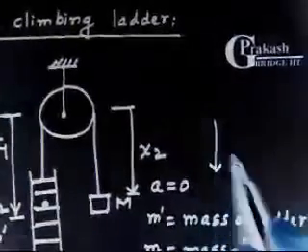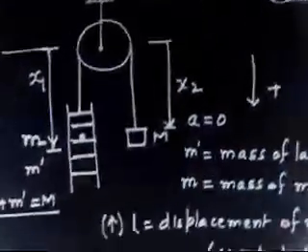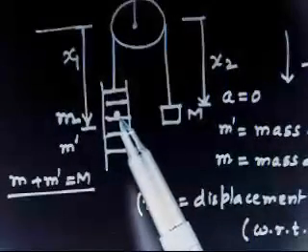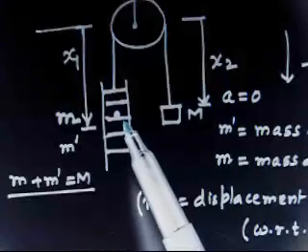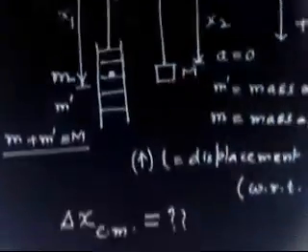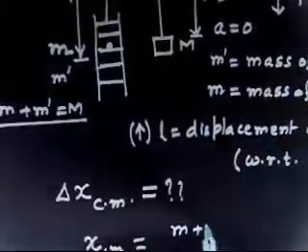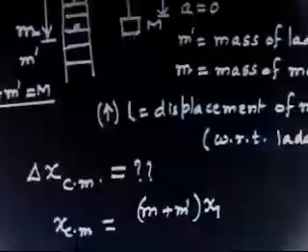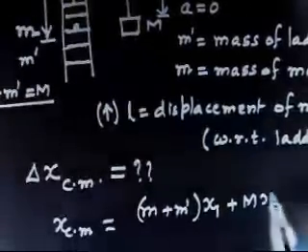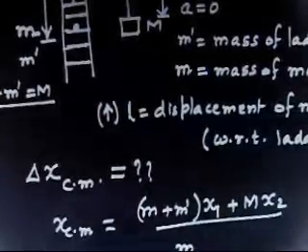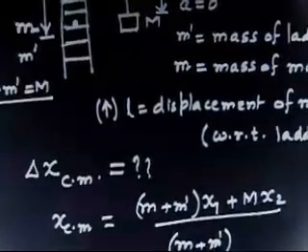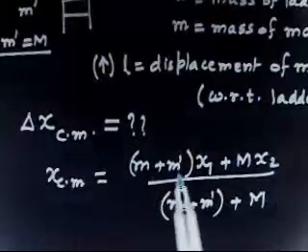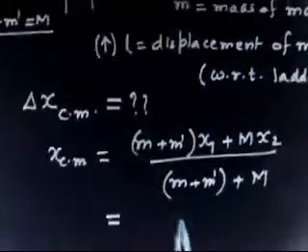So we have m plus m dash into x1, since the man and ladder both lie at distance x1, plus M into x2, divided by m plus m dash plus M. And now I also know m plus m dash is basically capital M, so I can plug this value.